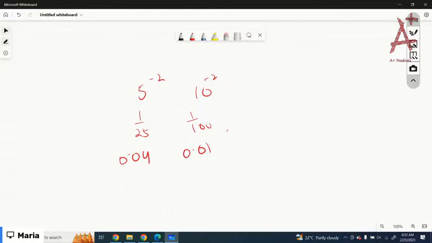Obviously 0.04 is greater. That means 5 exponent negative 2 is greater than 10 exponent negative 2. Got it? We have to justify your answer, so you can justify by using calculations.